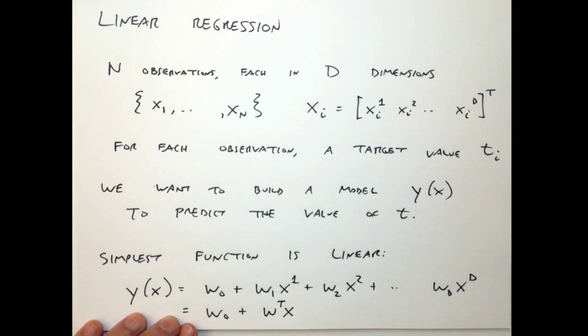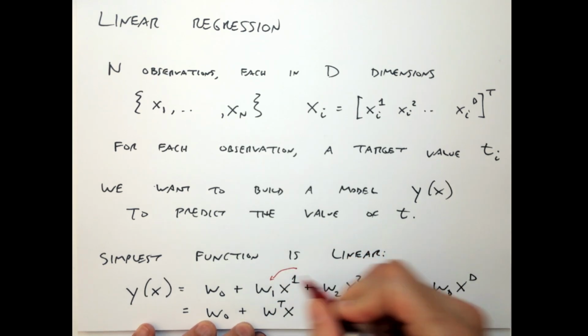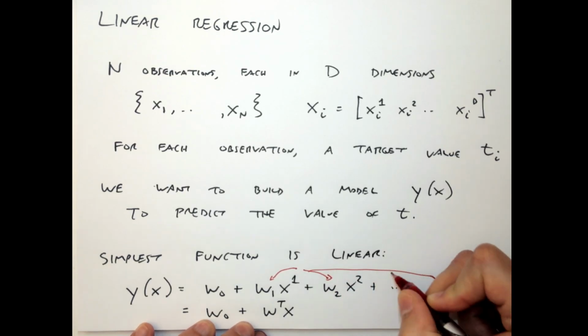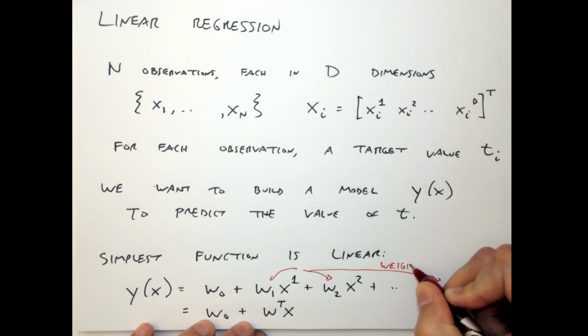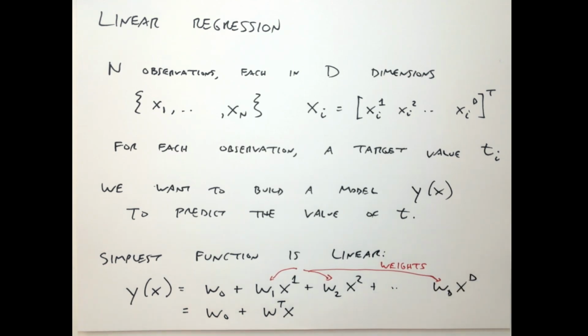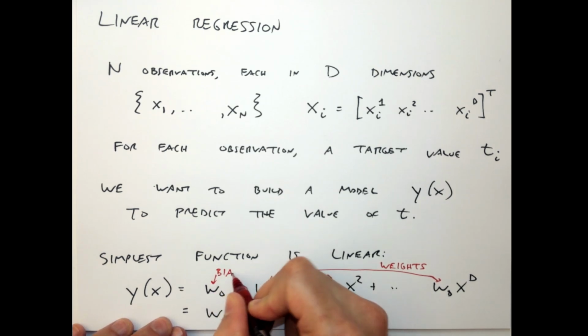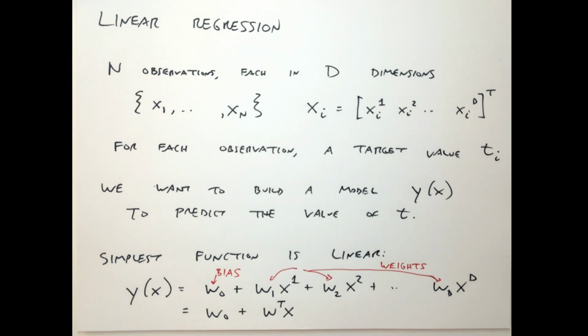Now, I said the word weight vector, right? So basically, typically the things that multiply the x's, we call weights. And the constant term sometimes has a separate name that you call the bias. And it's a little bit confusing because we're going to talk about a different way of using the word bias later in today's lecture, right?